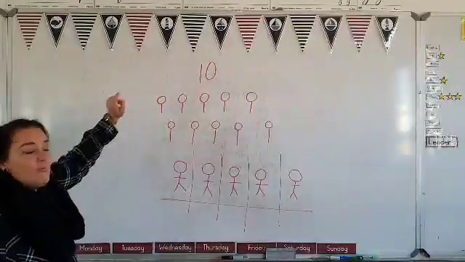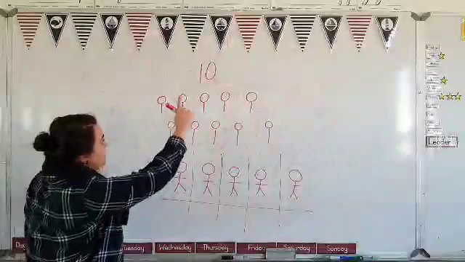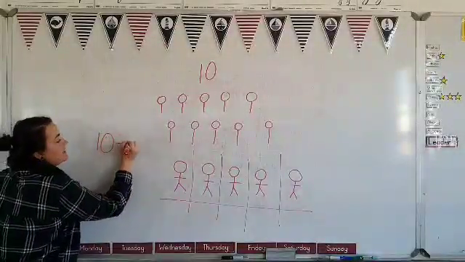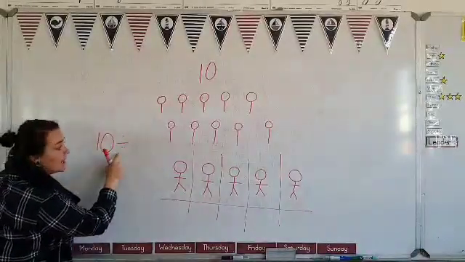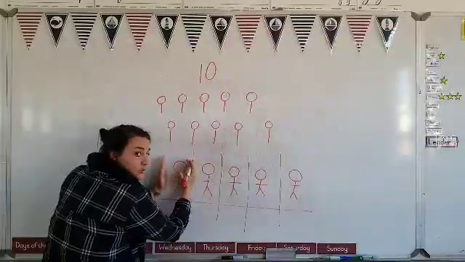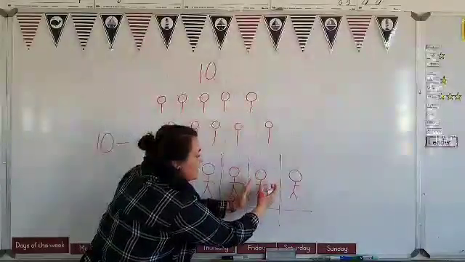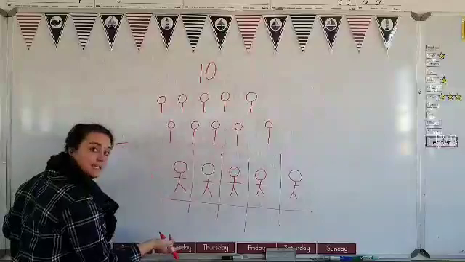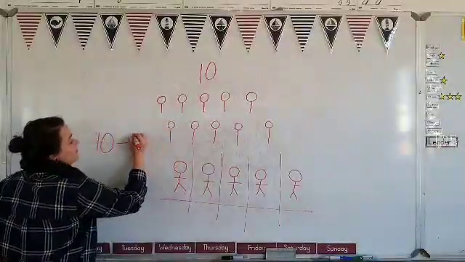So, how will we write the equation? We have 10 lollipops divided, that's how we write division, divided by the amount of groups. Remember, this is one group, a second group, a third group, a fourth group, and a fifth group. So, how many groups? How many kids? 1, 2, 3, 4, 5.